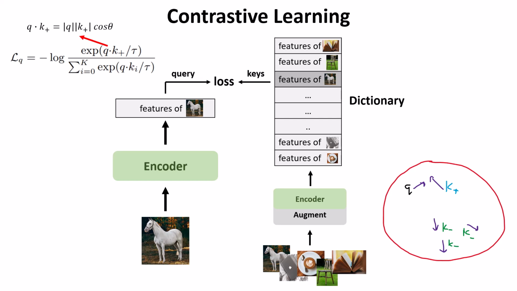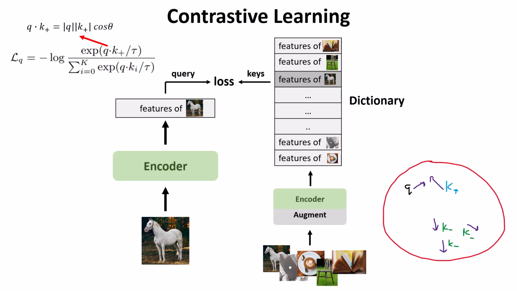We might see a donkey image, and the features extracted from that image are more similar to this horse, which makes the task more challenging for our neural network to push the extracted features of the augmented version of that donkey image away from this horse image.